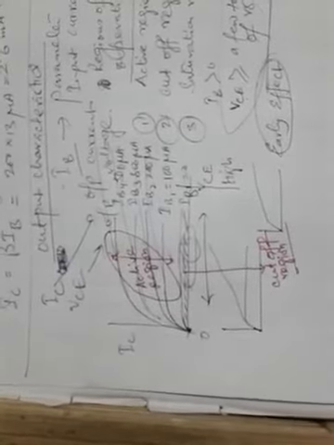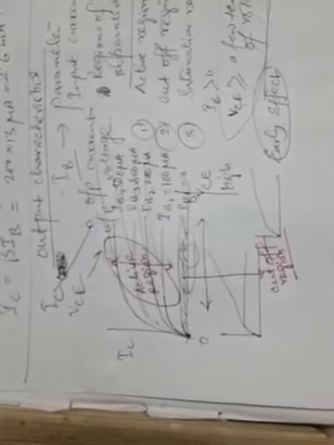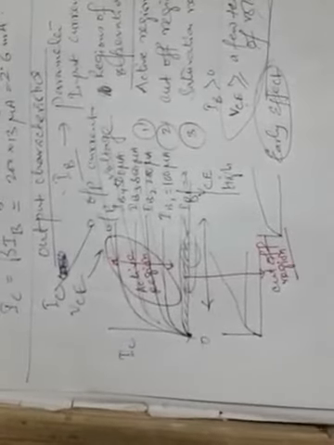So what we have found is that for the active region of operation, the emitter junction needs to be forward biased and the collector junction reverse biased. For the cutoff region of operation, both junctions need to be reverse biased.